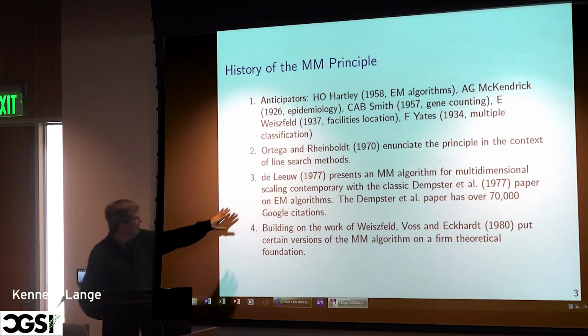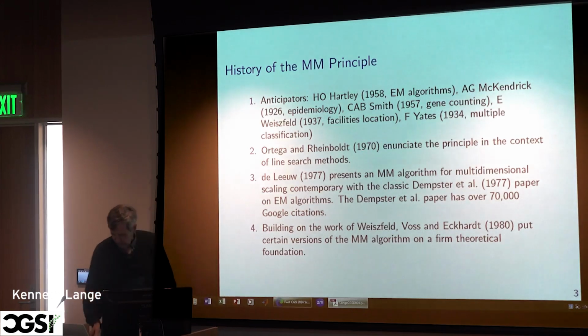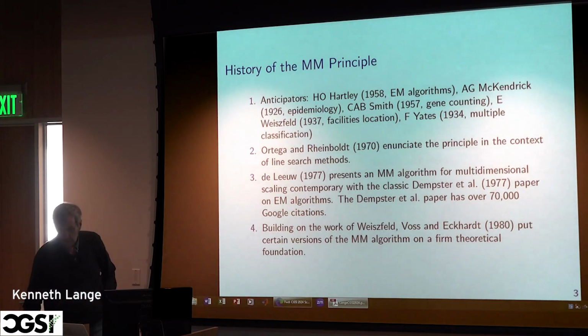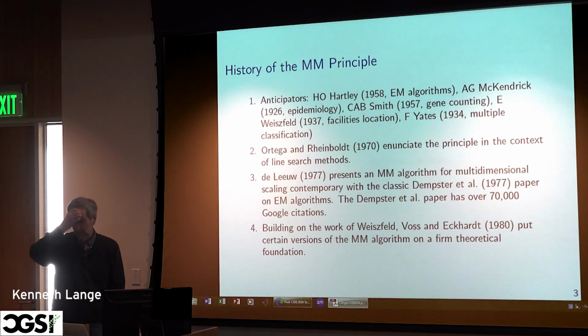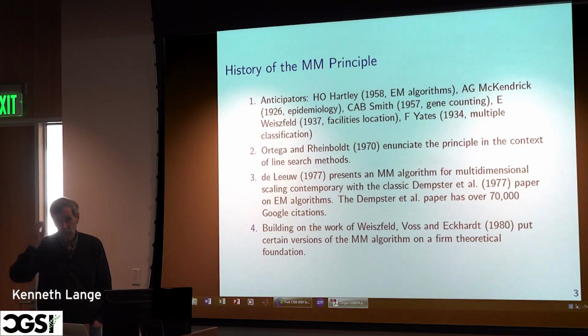In statistics, my colleague, Jan de Leeuw, he was the first chair of stat at UCLA, wrote a paper using MM for the first time in statistics for multidimensional scaling. The same year, 1977, Dempster, Laird, and Rubin wrote a paper on the EM algorithm.